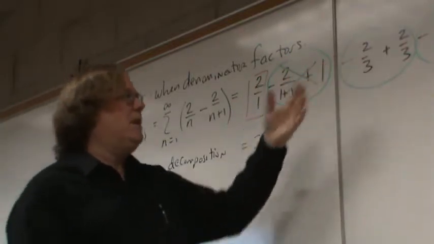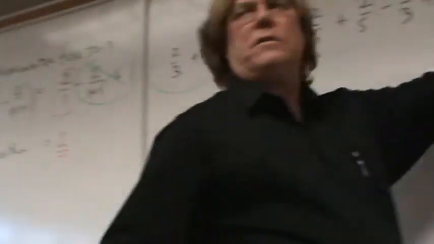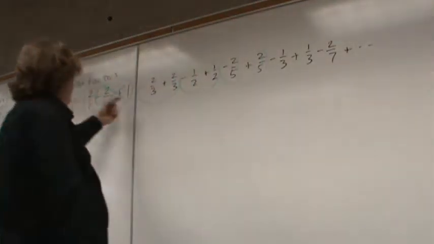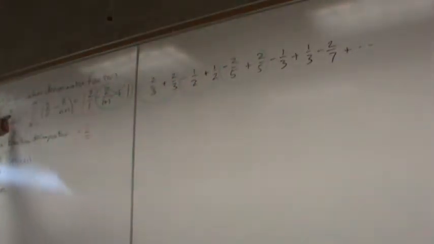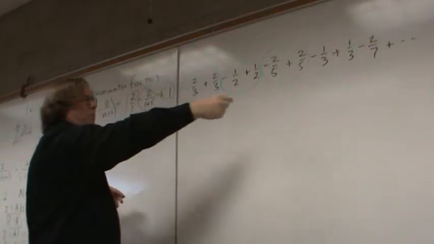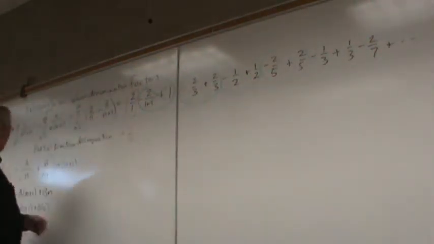And that's what happens here. All of these terms go away until you're left with the very last term, but the very last term is 0. As n goes to infinity, this guy goes to 0. So you've got a term here, all the places that telescope in between, and then you've got 0 at the end. And you're left with that guy.